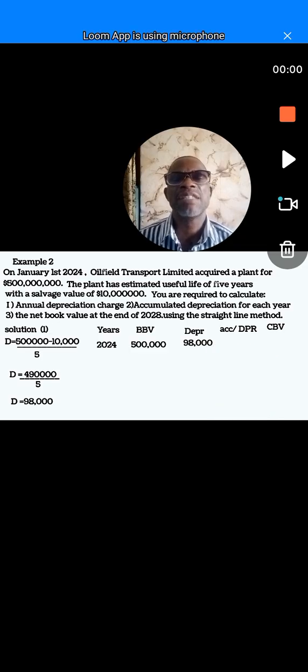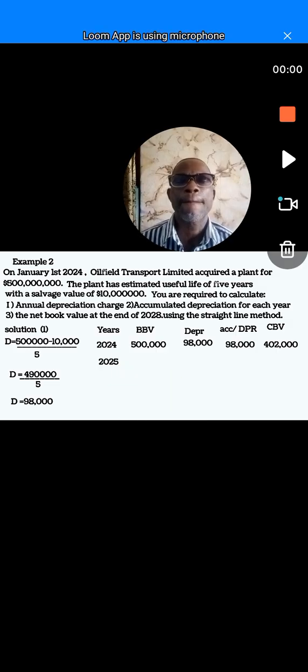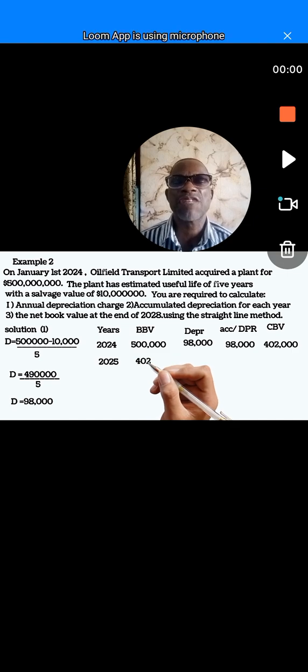Now, the net book value is 500 million minus 98,000, which is going to be 402,000. Now, 2025, the beginning book value for 25 is 205,000, and the depreciation is the same thing because it's a uniform rate, which is 98,000.